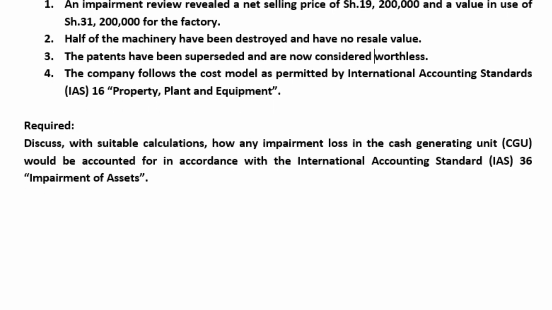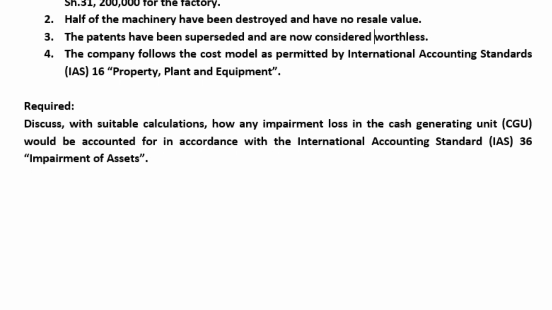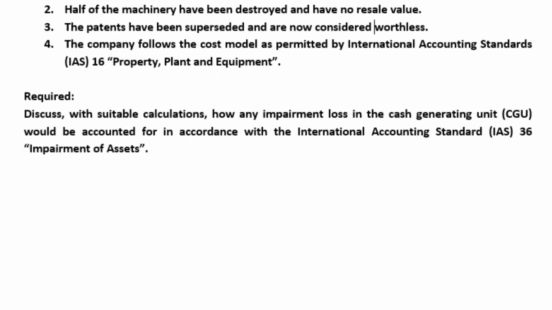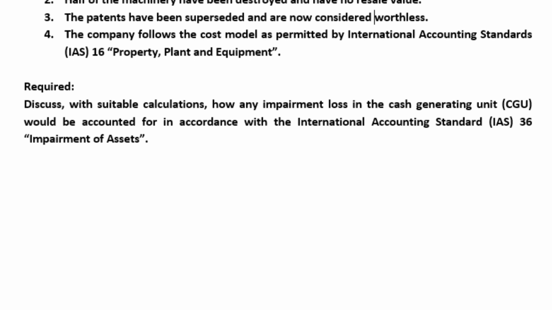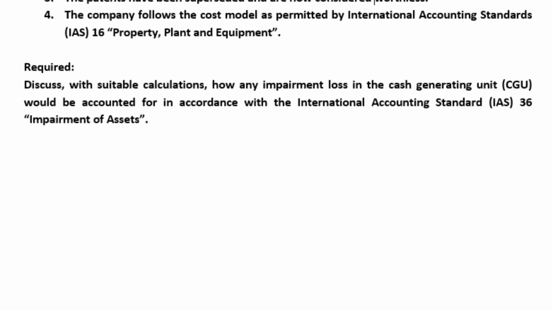What you are required is to discuss with suitable calculations how any impairment loss in the cash generating unit, CGU, would be accounted for in accordance with International Accounting Standard number 36.